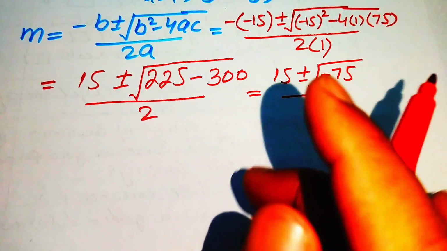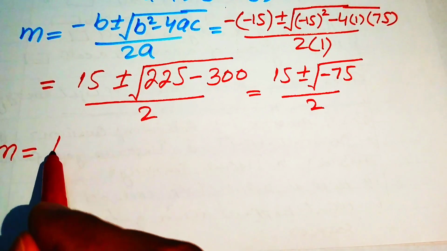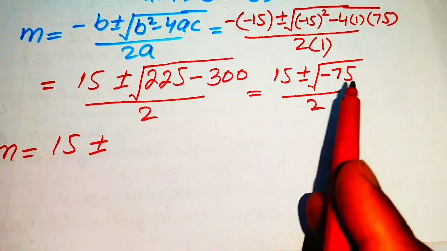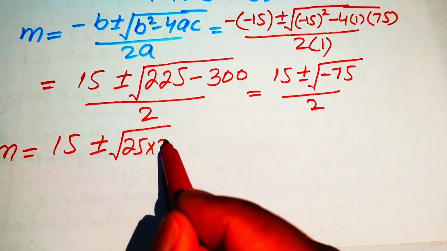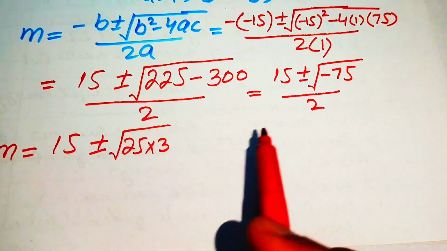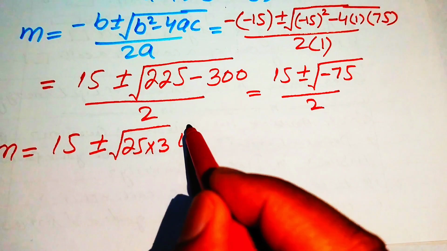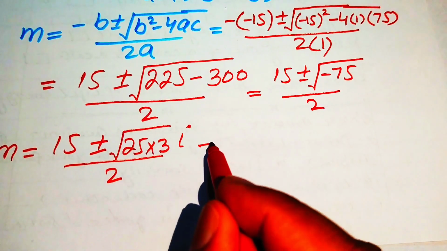So now we again rewrite this equation as m = 15 ±, we have 75, and we write it as 25 times 3 is 75, and you see here we have the negative sign inside the square root, so it equals iota, and this whole divided by 2.